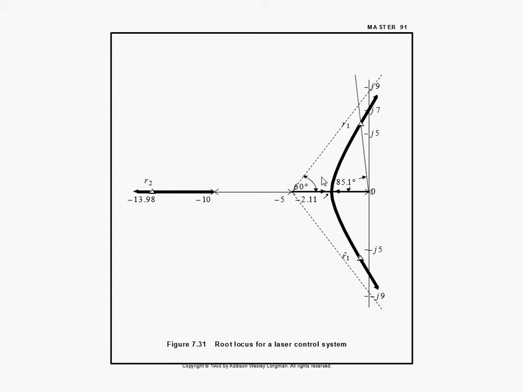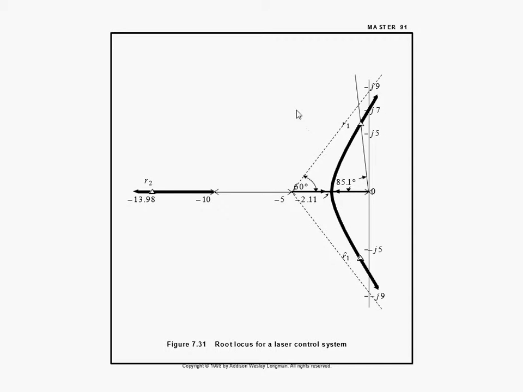If you don't have MATLAB, you may need to worry about these called angles of departure or the asymptotes. But I really am not going to put an emphasis on that, but rather, if you have MATLAB, this is what the root locus would look like.